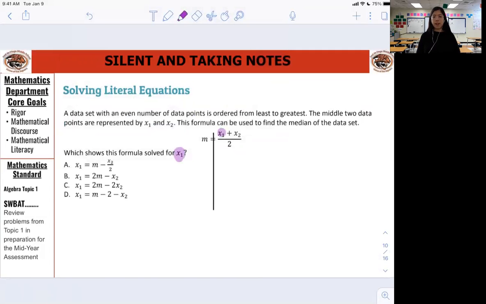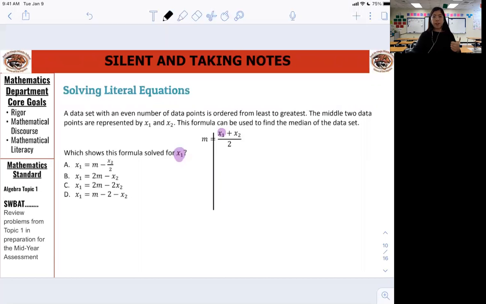Okay, and if I want to get x1 alone, what needs to go away? The fraction needs to go away, as well as the x2. Yeah, those two things have to leave. So we're still going to follow the same exact steps as a regular equation, which means what do I have to get rid of first?